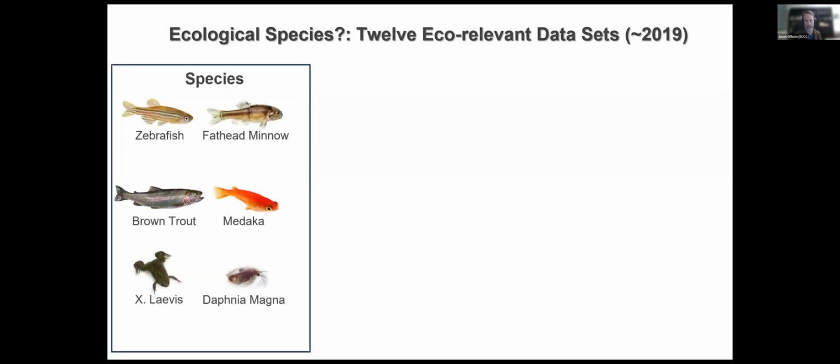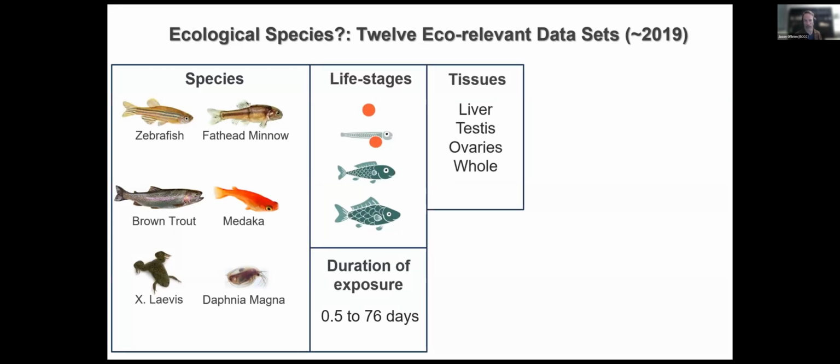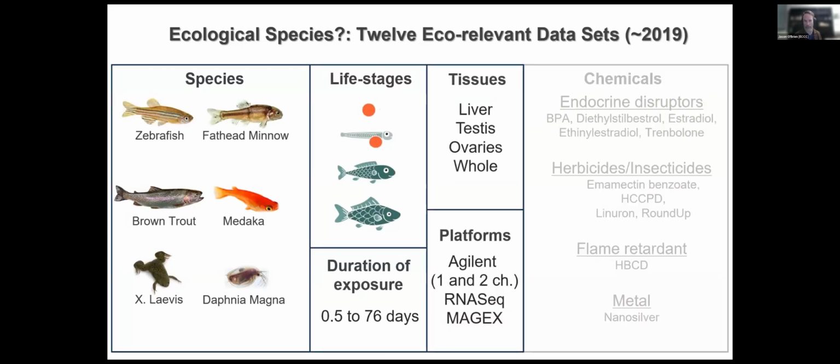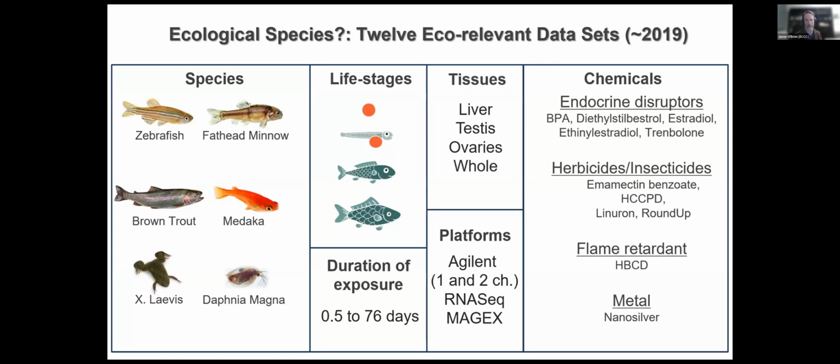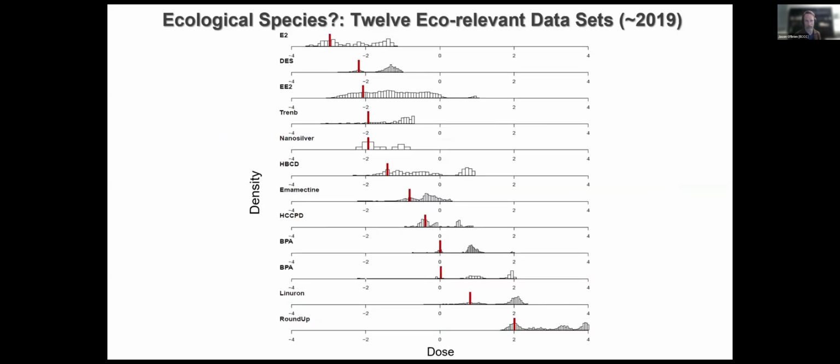But we did an analysis of these 12 data sets that we found, looked at a variety of species, fish species, frog, Daphnia, different life stages, different exposures, a variety of tissues, genomics platforms, and a variety of different chemicals. And when we did the analysis, we got our BMD histograms to derive our point of departure for all of these compounds.